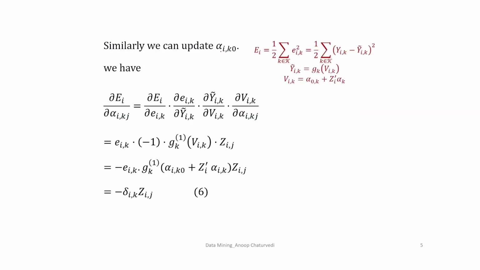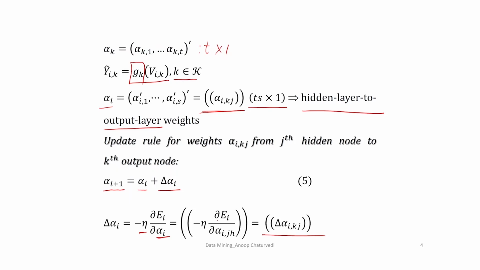Similarly, we can update alpha_ik0, the weight corresponding to the bias term. Then your problem is to obtain this del over del alpha_ijh of E_i.